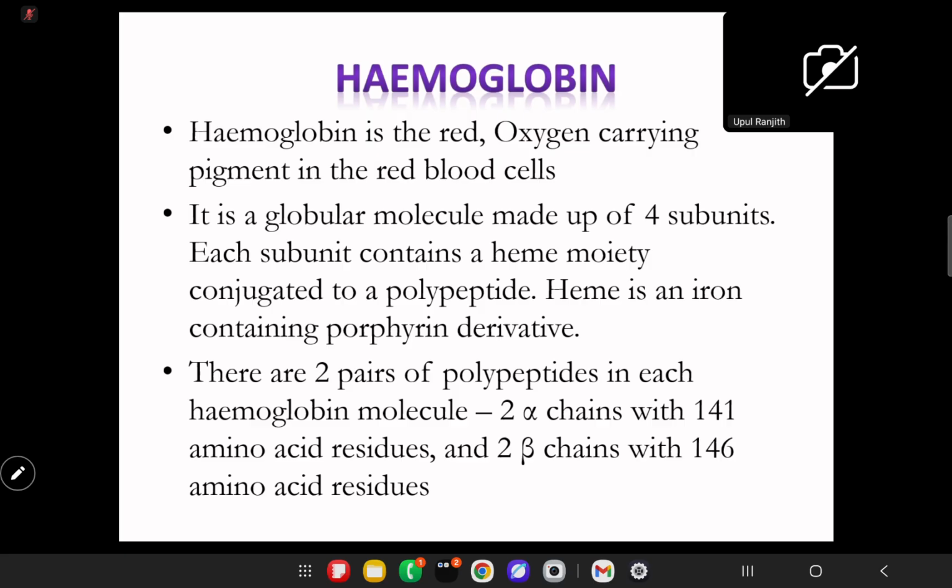So there are 2 pairs of polypeptides in each hemoglobin molecule: 2 alpha chains with 141 amino acid residues and 2 beta chains with 146 amino acid residues. So that is adult hemoglobin, or hemoglobin A.